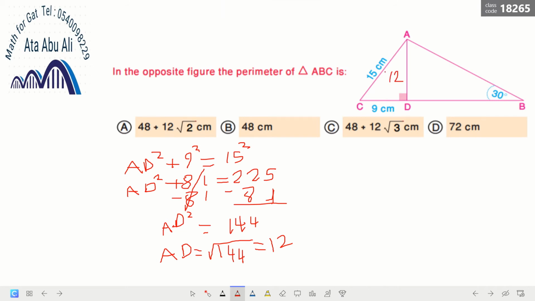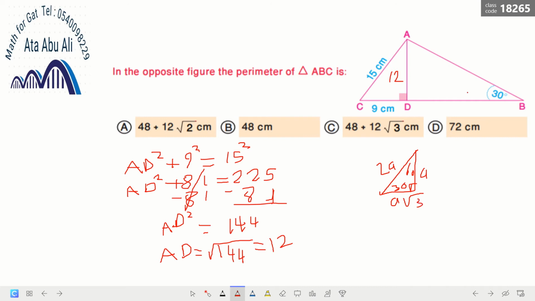Now as we know, AD is the opposite of 30. We know that in our rule, if this is 30 and this is a right triangle and this is 60, that means if the opposite side is A, the hypotenuse is double, and the opposite of 60 is A, the same thing, times square root of 3.